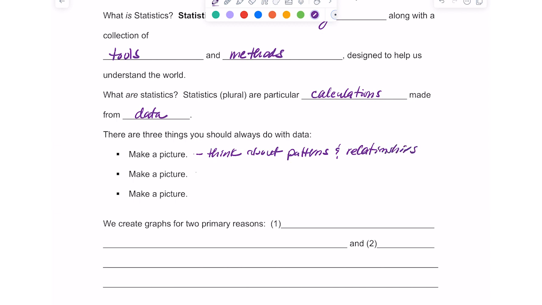The second helps us show important features and patterns. And the third helps us tell others about the data.